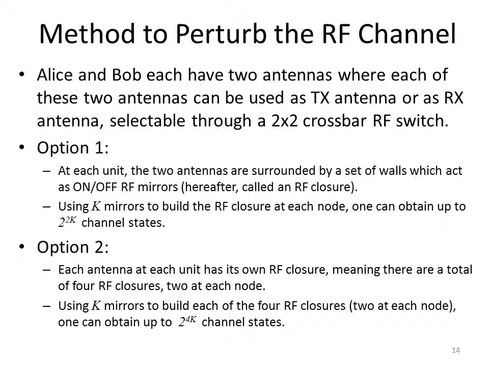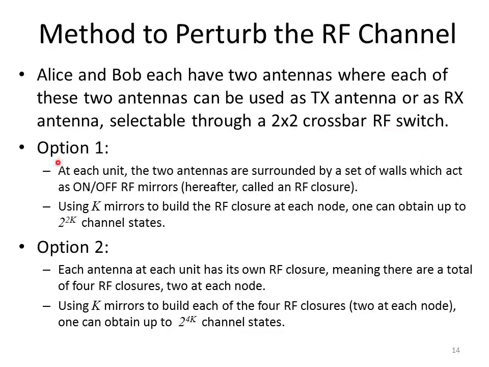in the RF closures. To review this, let's look again at the method used to perturb the RF channel. As mentioned, Alice and Bob each have two antennas, where each of these two antennas can be used as a TX antenna or as an RX antenna, selectable through a 2x2 crossbar RF switch.